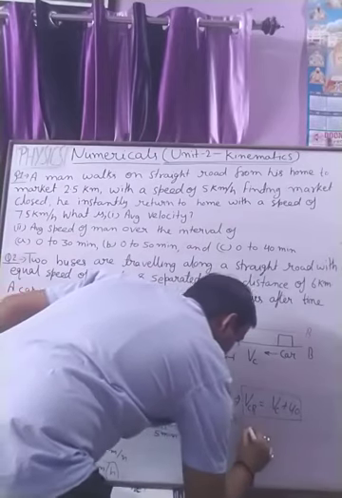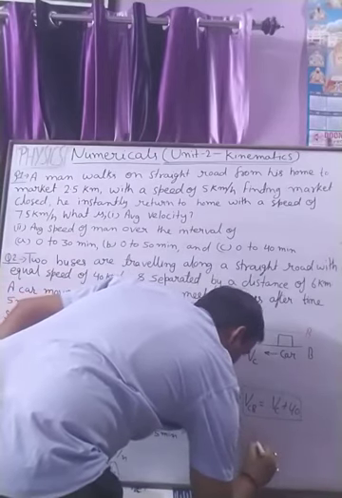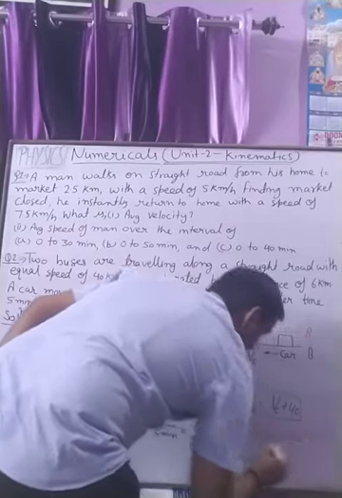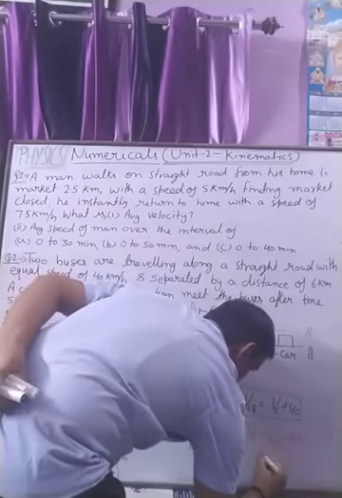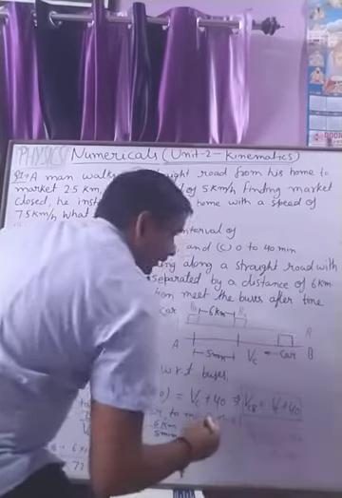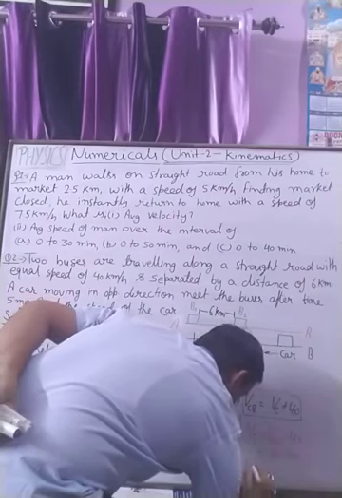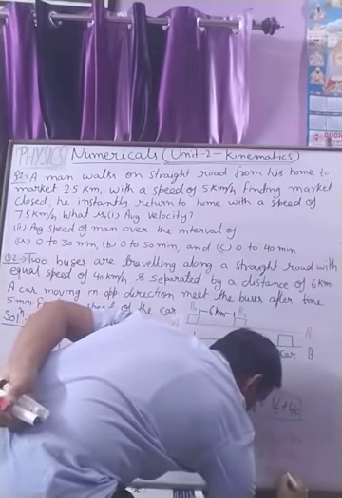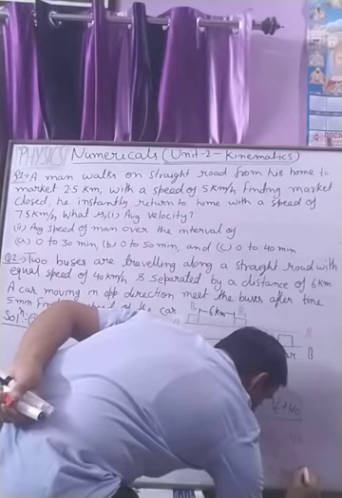By this formula we calculate VC equal to VCB minus 40, which is 72 minus 40, and the final result is VC equal to 32 kilometer per hour.